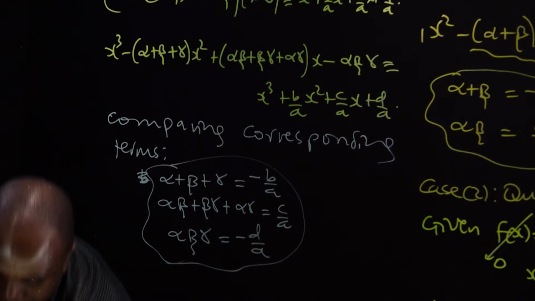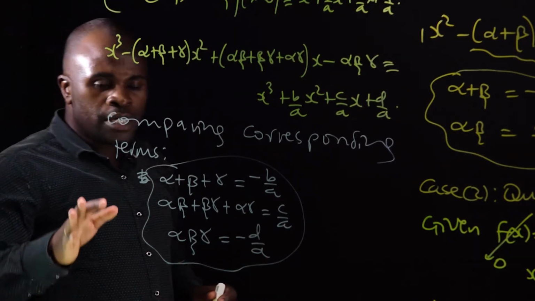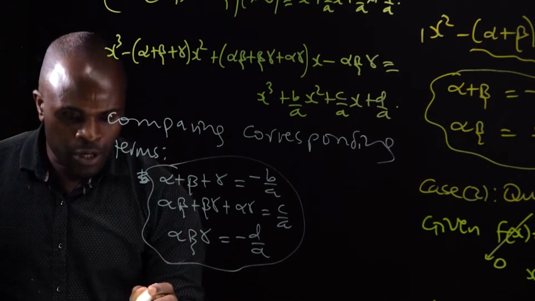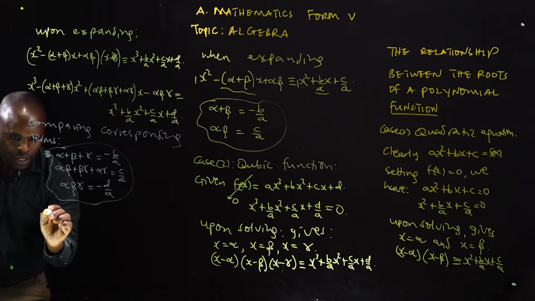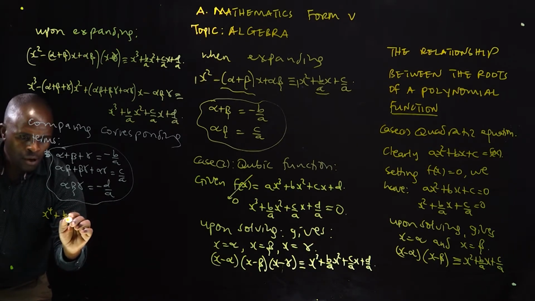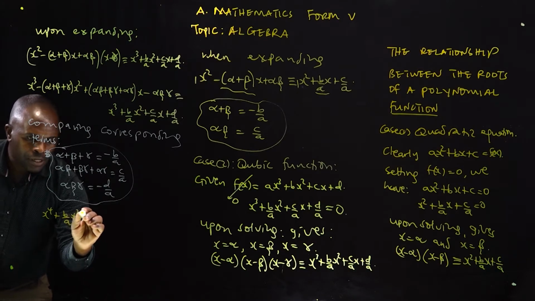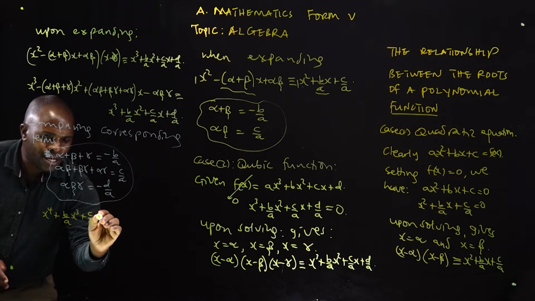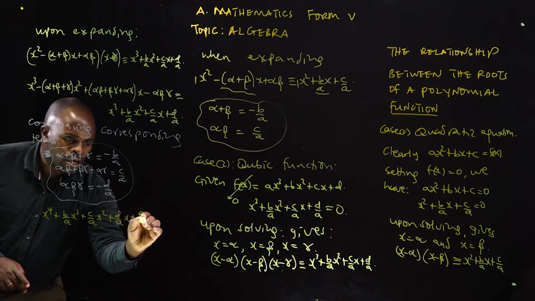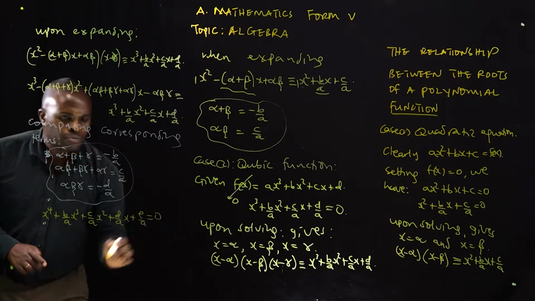Now let's check. We have seen the trend when it is power 3. What would happen if the polynomial were x power 4, b over a x power 3, c over a x power 2, d over a x, e over a equals 0?